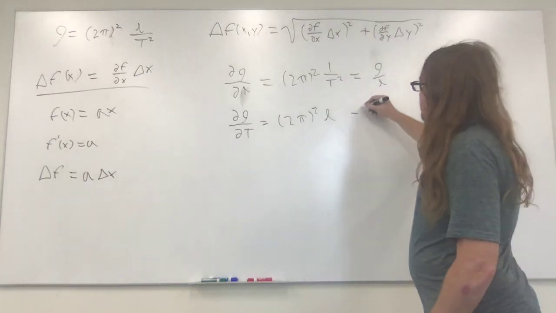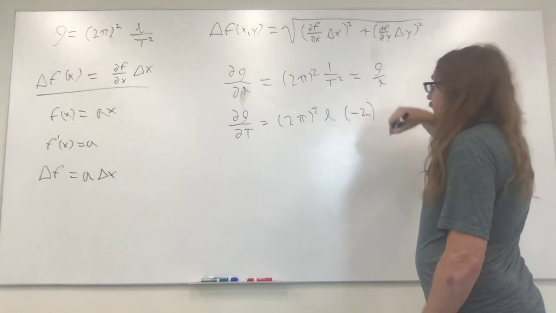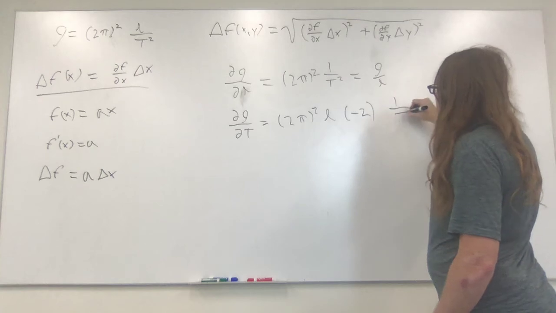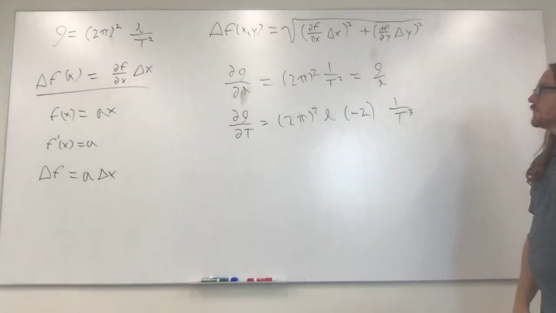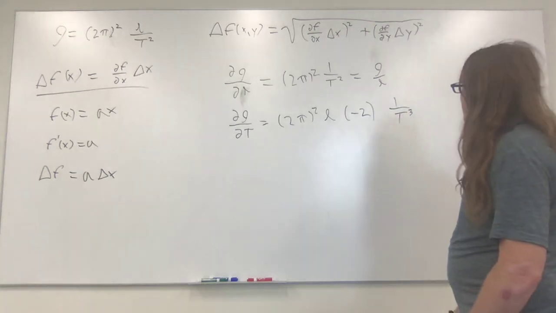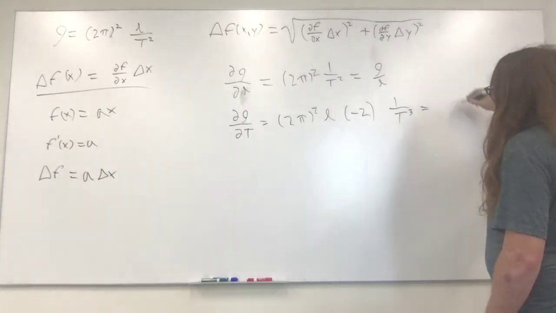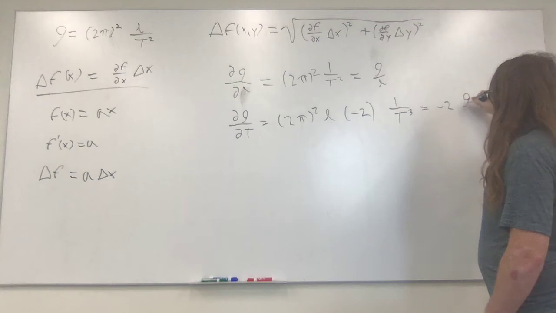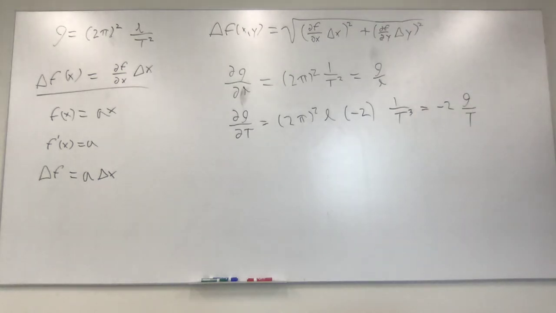We bring the -2 out, let me put a parentheses around that, and then we subtract 1. So we get 1 over period to the third. And so this is equal to -2 g over t, so acceleration due to gravity over period.